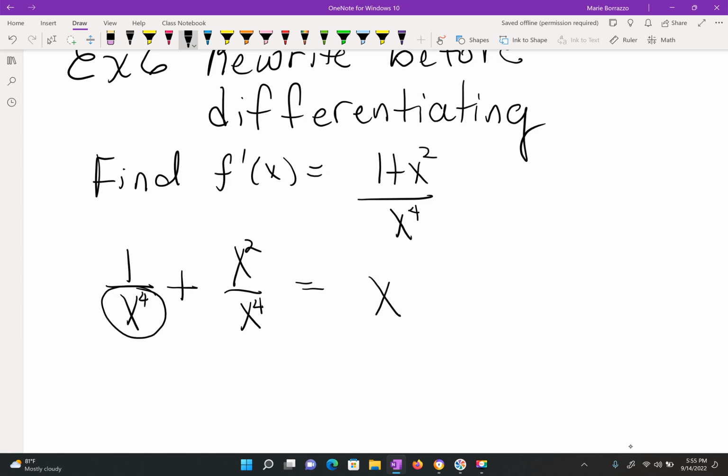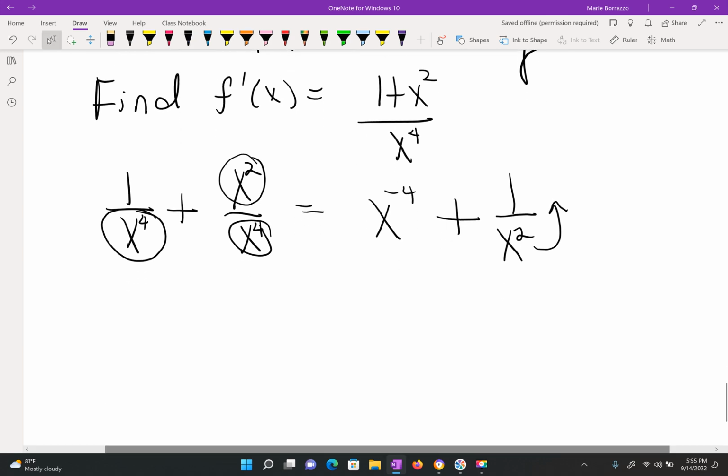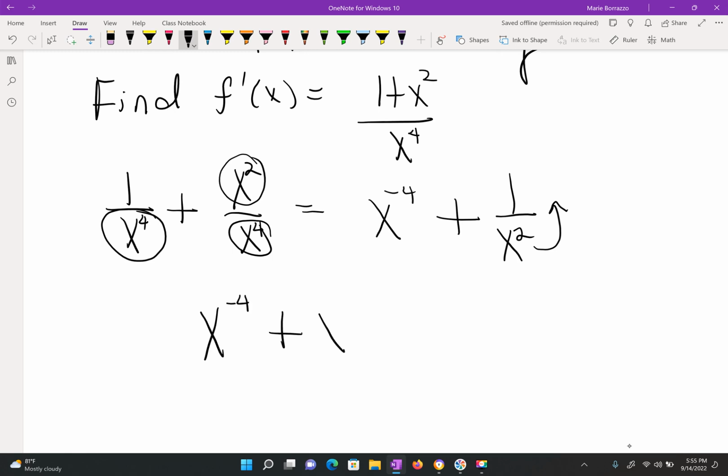I'm going to bring it up as x to the negative 4 plus, and then I'm also going to reduce this top to bottom. So this is actually re-expressed as 1 over x squared, which I also will bring up as a negative. So technically, my current equation is x to the negative 4 plus x to the negative 2.